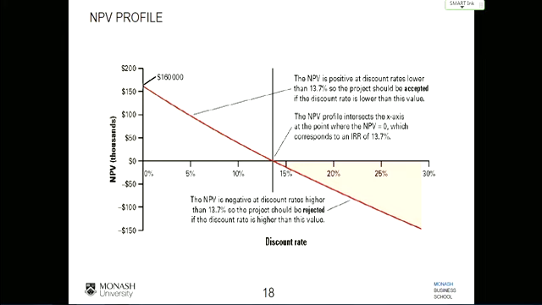Even before looking at this, the higher the discount rate, or the higher the required rate of return, the higher or the lower the NPV, do you think? If we required a higher discount rate, what would be our NPV?